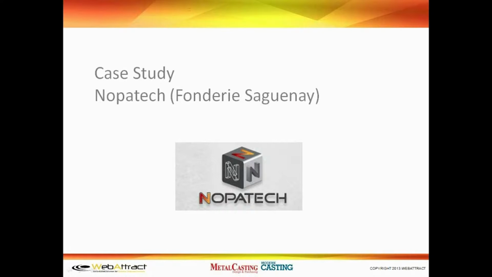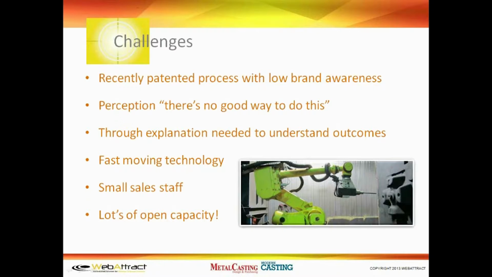They came to us looking for some solutions to their very specific set of challenges. Among the challenges, Nopatech was a new process which they had recently patented. It's comparable to rapid prototyping, but for larger castings.